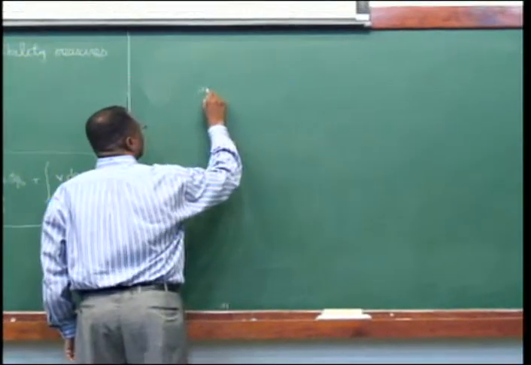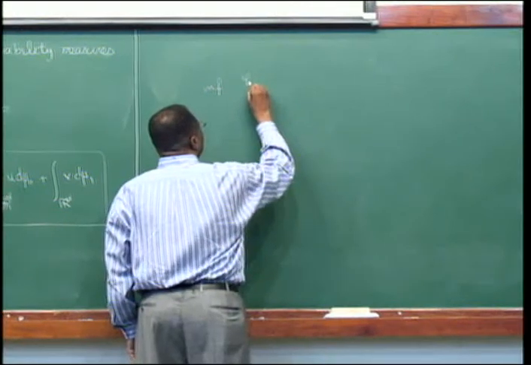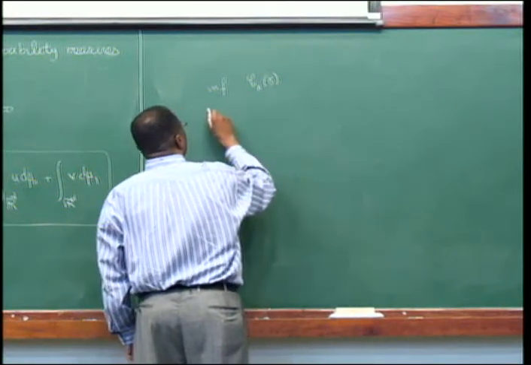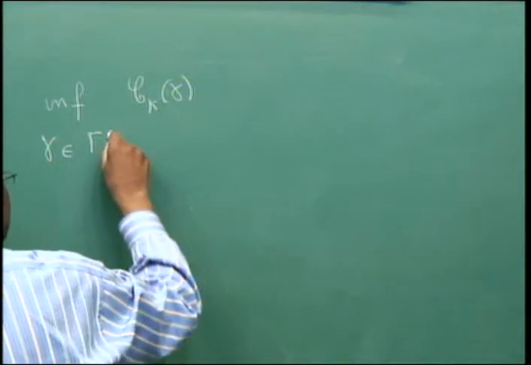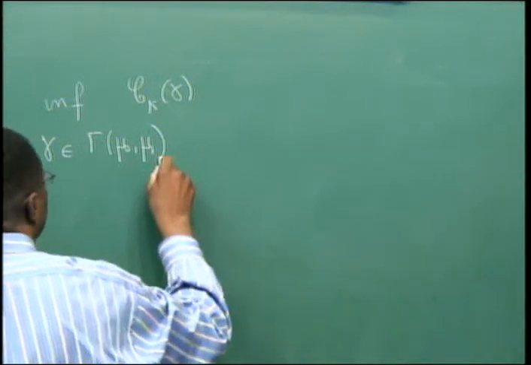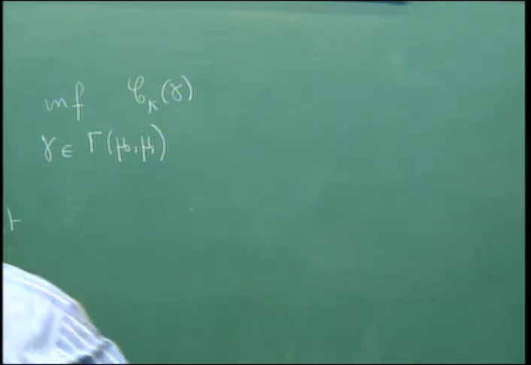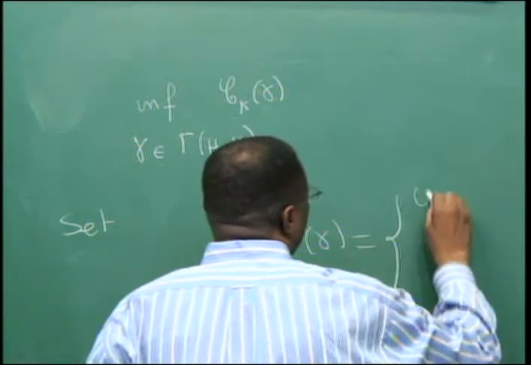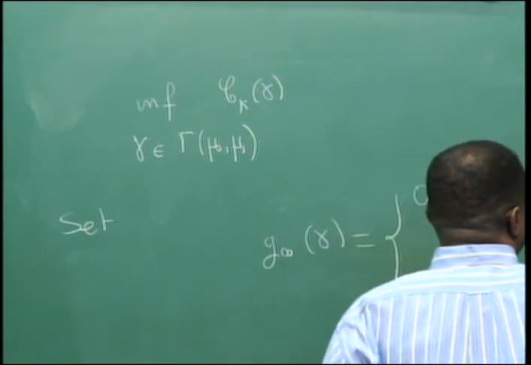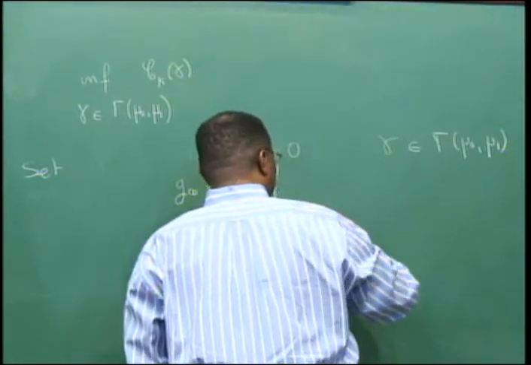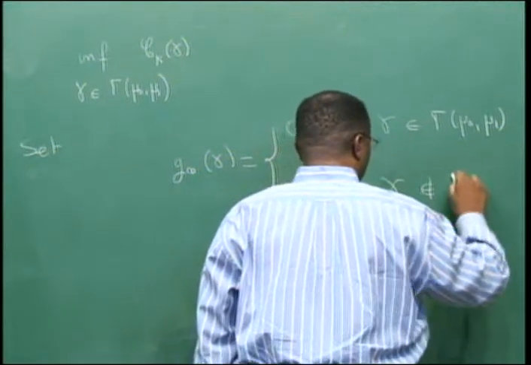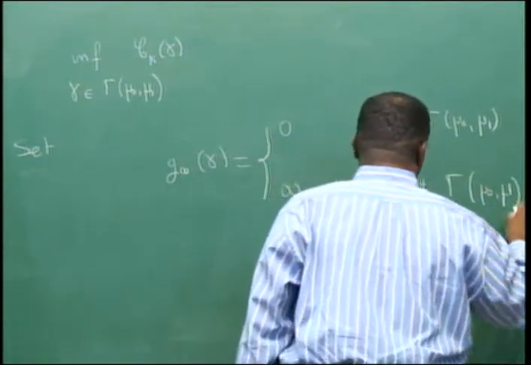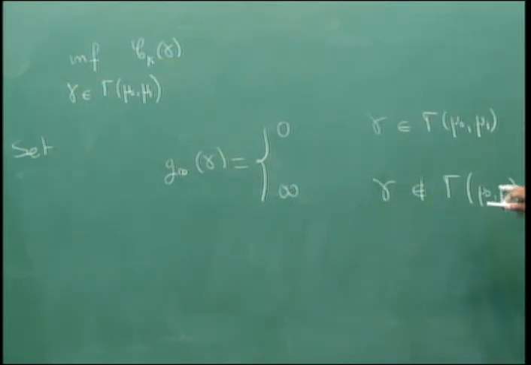I want to minimize C Kantorovich of gamma under the condition gamma is in Gamma(mu naught, mu 1). Set G infinity of gamma to be 0 if gamma is in Gamma(mu naught, mu 1), infinity if gamma is not in Gamma(mu naught, mu 1). So when I say it is not, I am saying it is a measure, but it doesn't have mu naught and mu 1 as marginals.